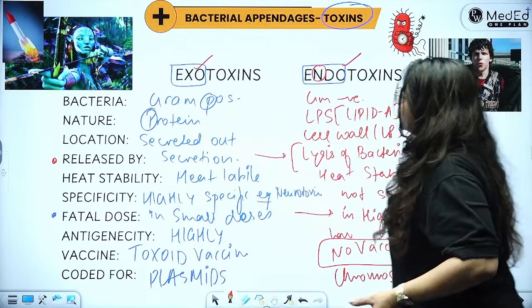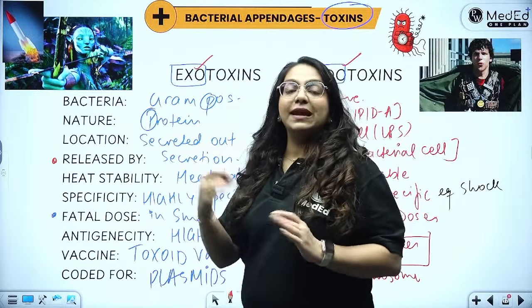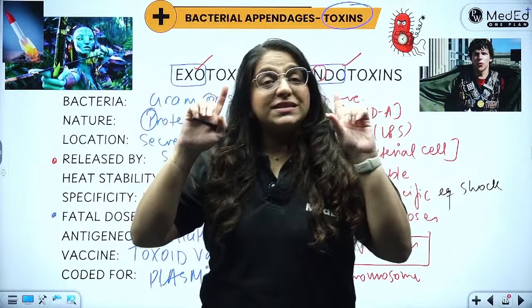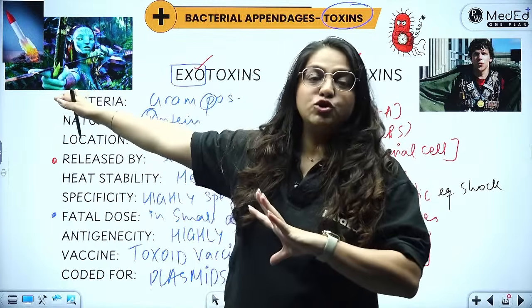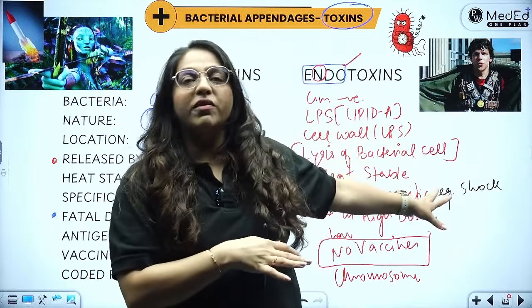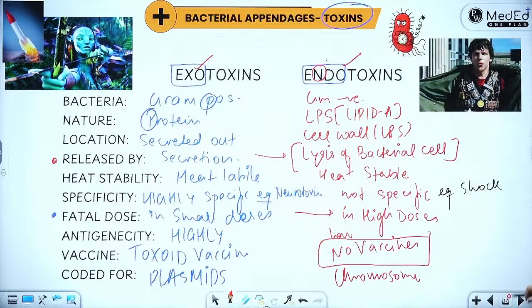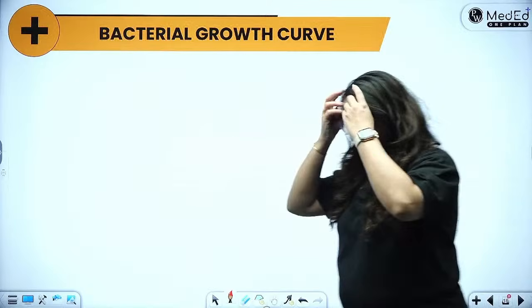So this finishes all the important differences between an exotoxin and an endotoxin, which can be very easily remembered with a simple image of the Avatar people shooting arrows and the suicide bomber wearing a red t-shirt. Yes, and of course the N helps you remember that it is released by the endotoxins.